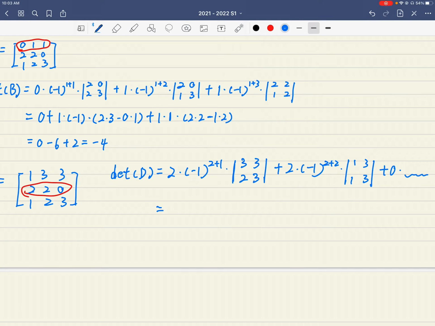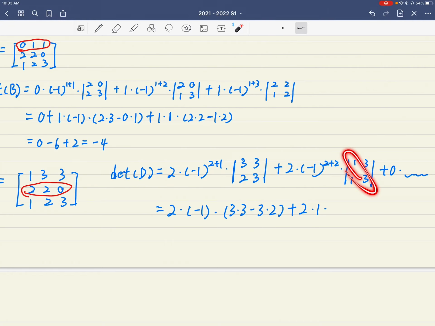So it's 2 times negative 1 times this diagonal's product minus this diagonal's product: 3 times 3 minus 3 times 2. Plus 2 times 1 times this diagonal's product minus this diagonal's product. This matrix has 2 identical rows, so you immediately know it's 0. So this part is 0, this part is negative 2 times 3, so it's negative 6.